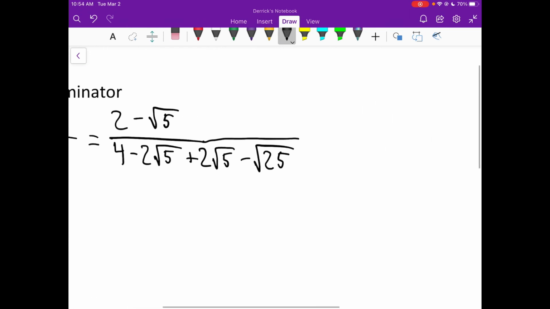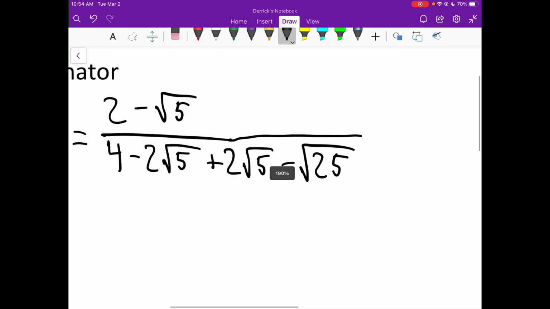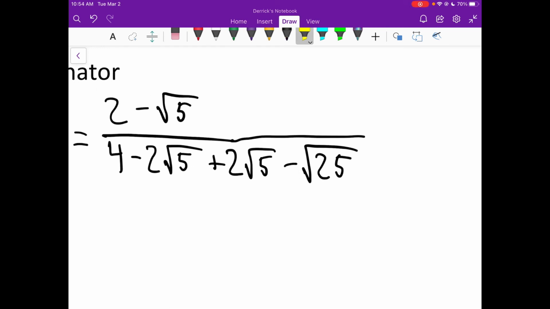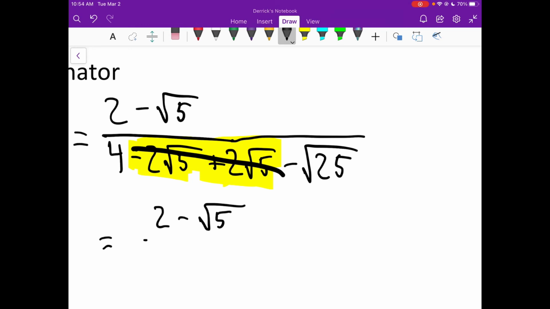So if we look at this expression now, what you'll notice is that we have a negative 2 square root of 5 and a positive 2 square root of 5, which means they cancel each other out, leaving us with 2 minus the square root of 5 in our numerator over 4 minus 5, because the square root of 25 is just 5.